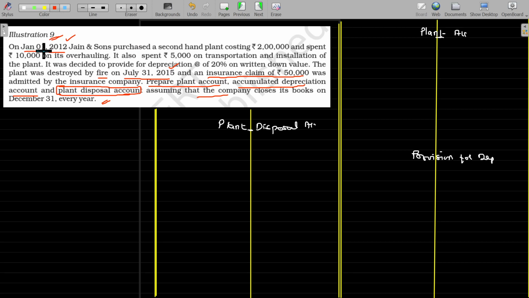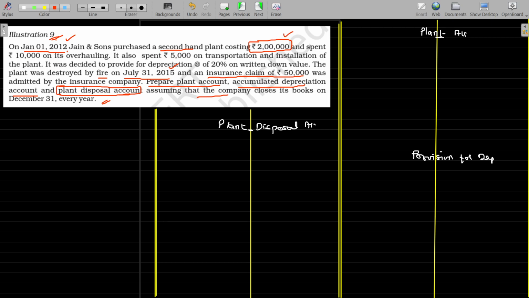Now, acquisition happens on 1st January 2012, a second-hand plant. If you purchase any second-hand asset, to bring it to working condition, any expenses you incur like repairs and renewal or any other installation charges, a test run and all will form part of the asset's value only. All the value should be accumulated together as the asset's value, right?